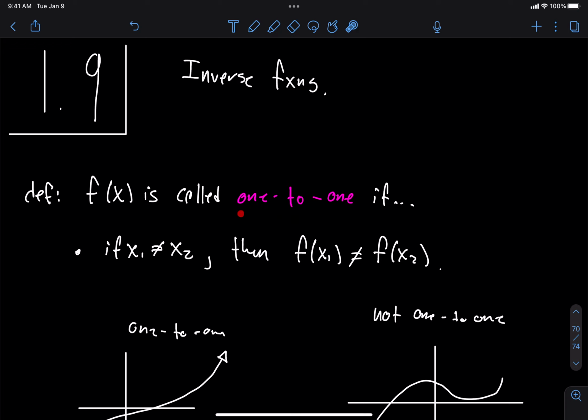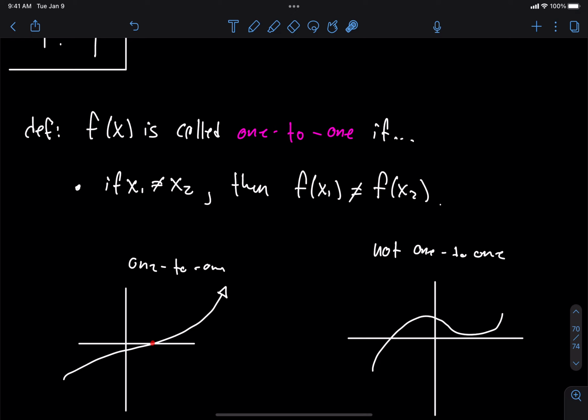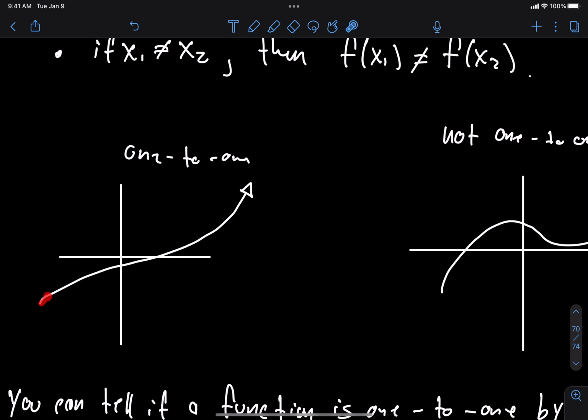What one-to-one means is, roughly speaking, exactly one input will map to exactly one output. In math speak, that means if two inputs are different, then their outputs are also different. Here's an example of two functions, one of which is one-to-one and one of which is not. Here's the one-to-one.